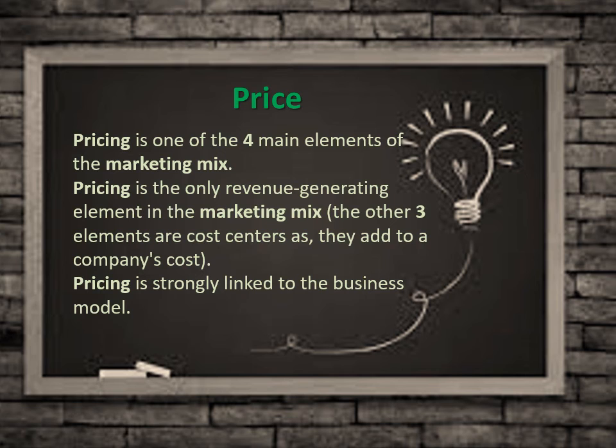The rest of the three elements are actually cost centers. That is, they are the expenses or the costs that you have to incur to be able to generate revenue that makes you successful in the business, that makes you sustain the business, that makes your business profitable.